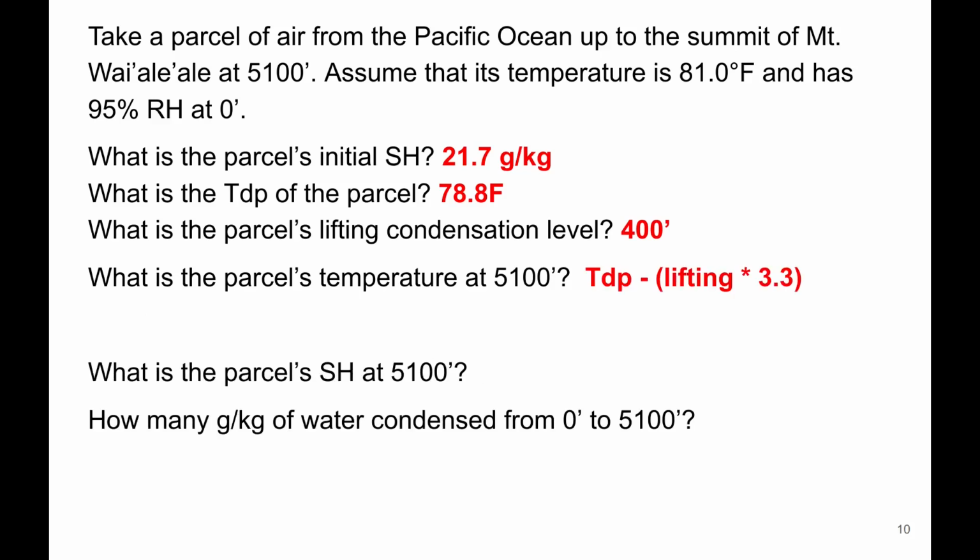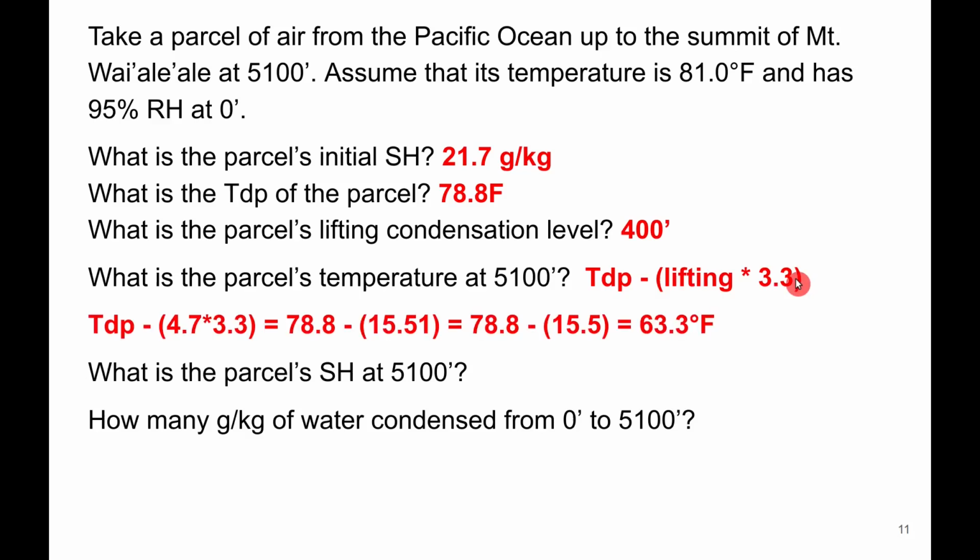And the temperature at the lifting condensation level, we know the dew point temperature, and it's going to get colder by the amount of lifting times 3.3 degrees of cooling. So as the parcel rises, it's going to cool 3.3 degrees per thousand feet.